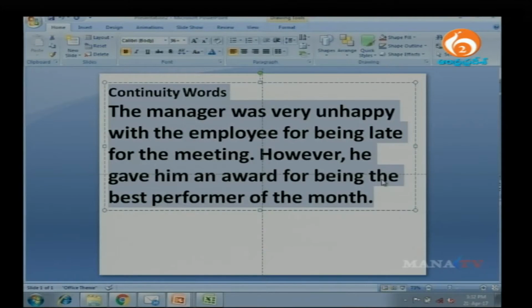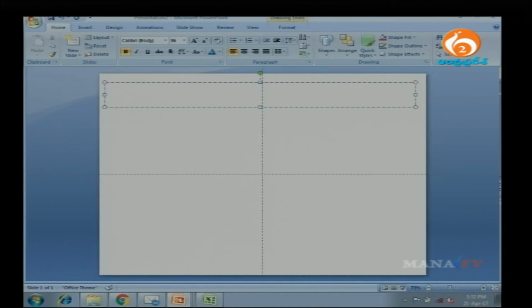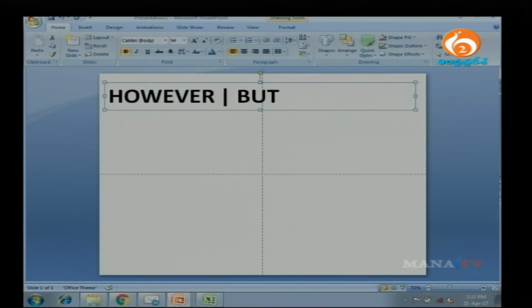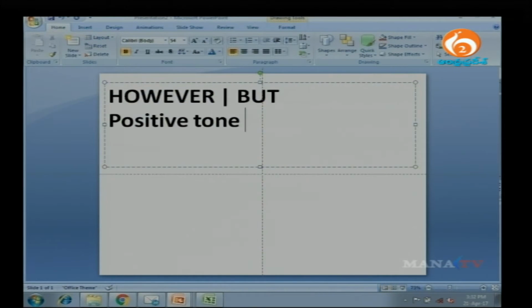Now, the point that needs to be noted here: you have a word which is however, and you have a word but, right? What is the difference? Can anybody tell me what is the difference? When I say anybody tell me, just think about it. However is more of a positive tone, but is a negative tone.